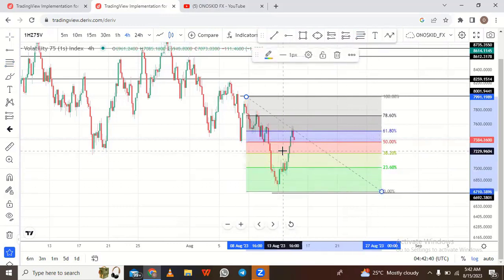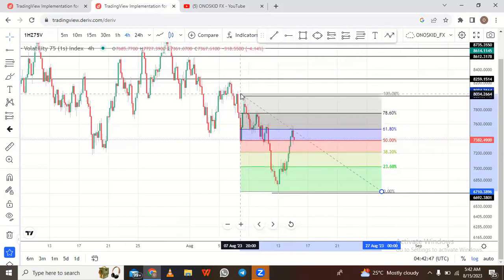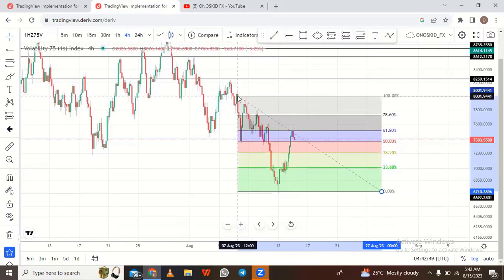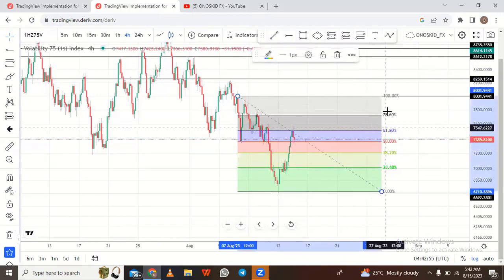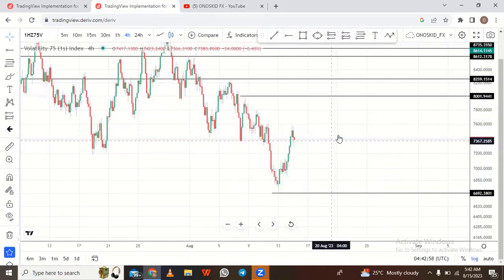Of course, you can see this is Fibonacci 61.8%. Okay, so you can see that this is where the market is currently reacting from, which is a good Fibonacci level. So using Fibonacci is just for you to have your confluence.